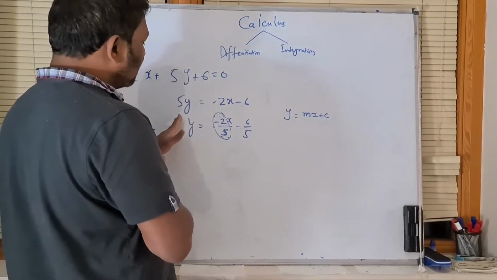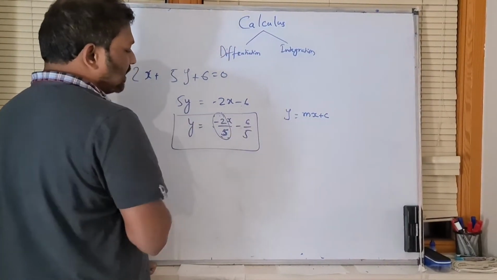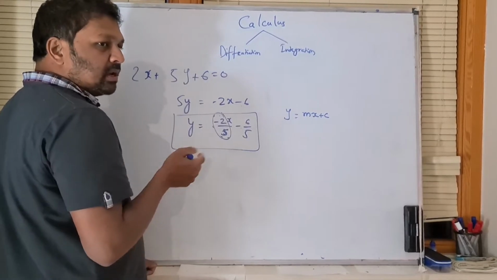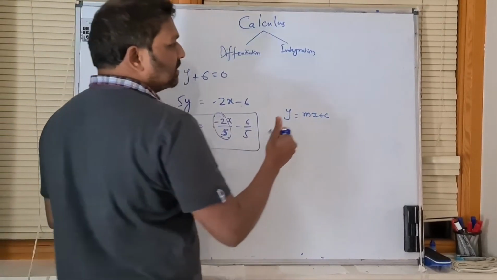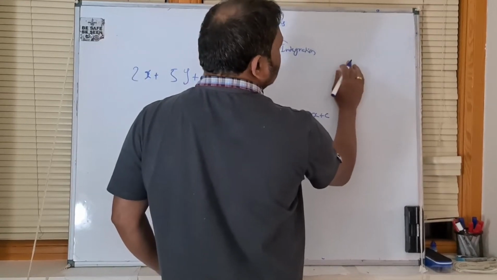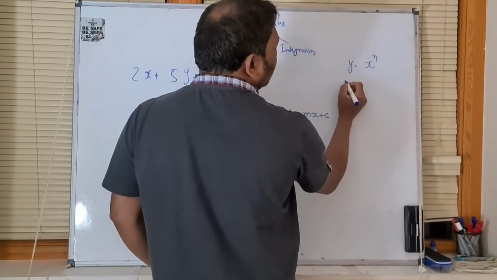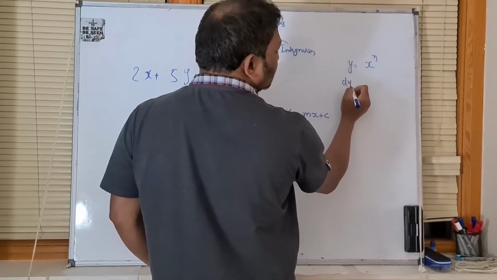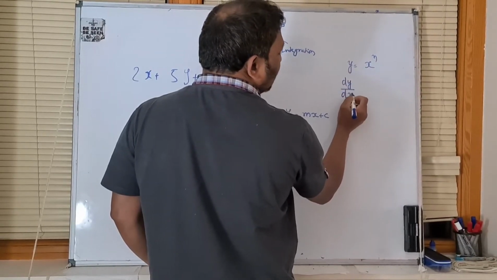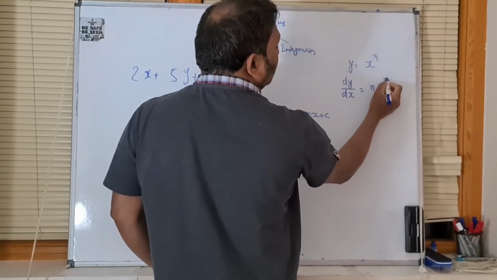So let's differentiate it. This is the equation, y is equal to mx plus c. To differentiate, the very first formula that we learned previously is: if y is equal to x to the power of n, then the differentiation of y with respect to x is n into x to the power of n minus 1.